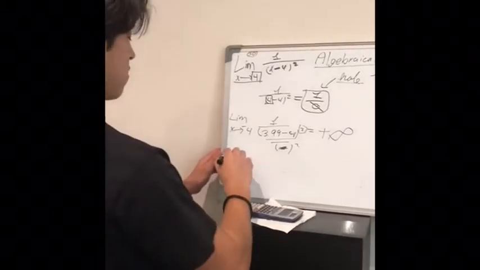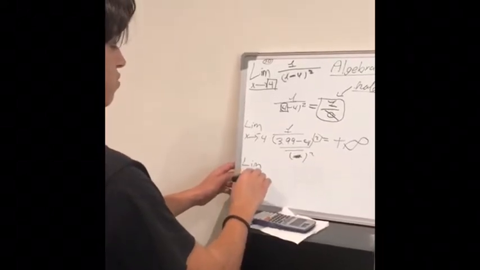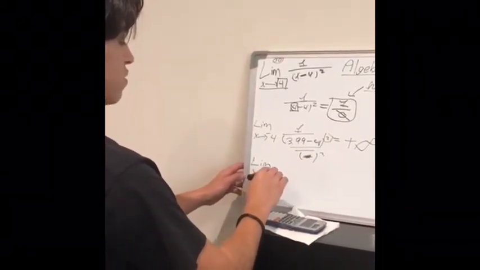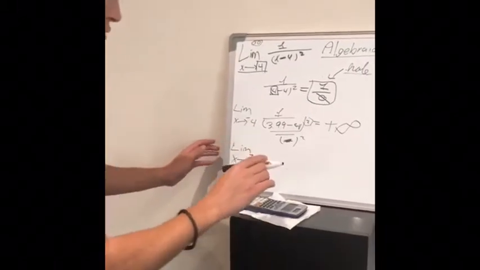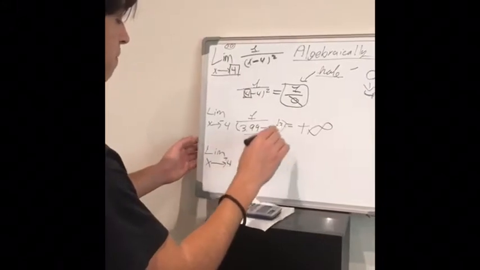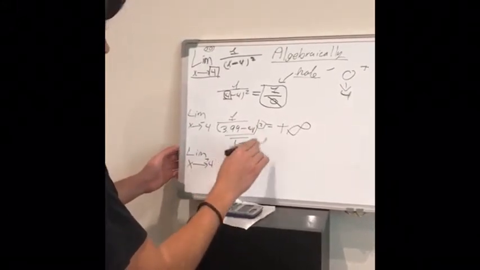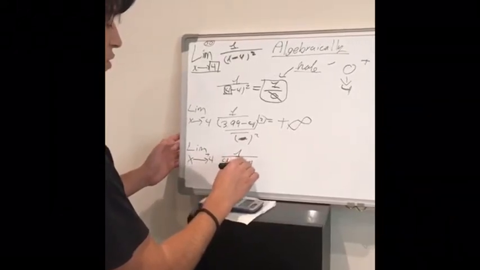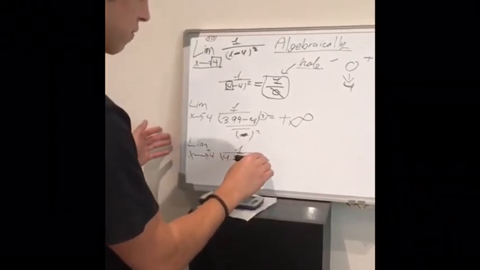Here, okay, when the values of x approach numbers that are more than 4, it's the same process. So you'll get 4.1, let's say, minus 4 squared.